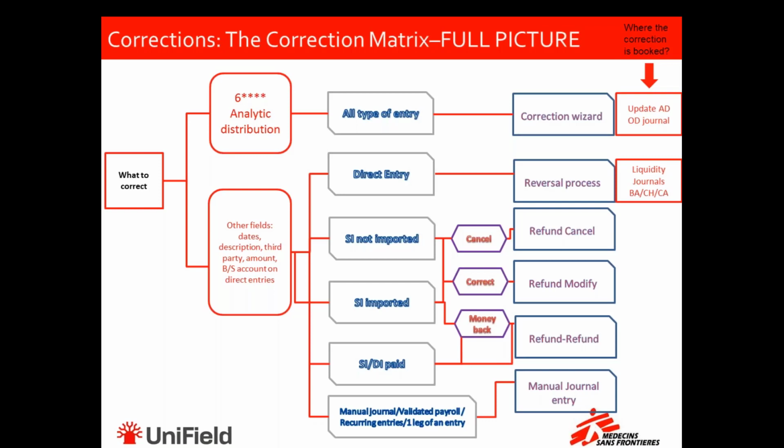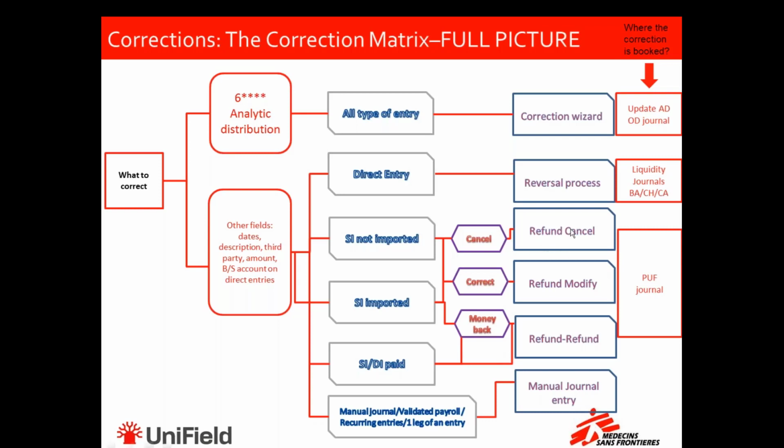So in that case, you have to reverse in the cash and go to the safe to book the entry. In that case, the reversal is in the cash and the correcting is in the safe. But anyway, all of them are in the liquidity journal. All of the refunds are in the PUF journal. The name of the journal is PUF for refund.